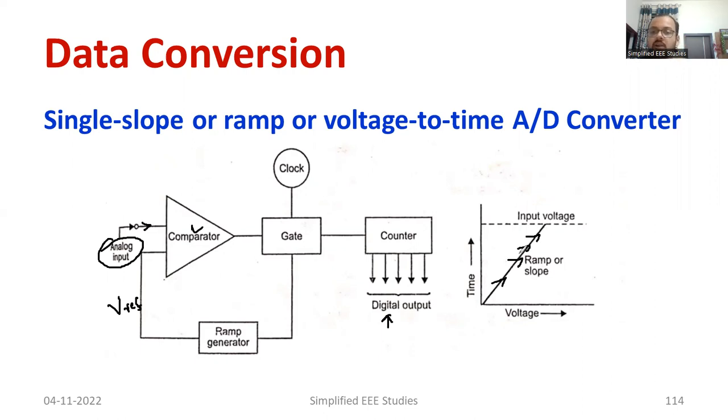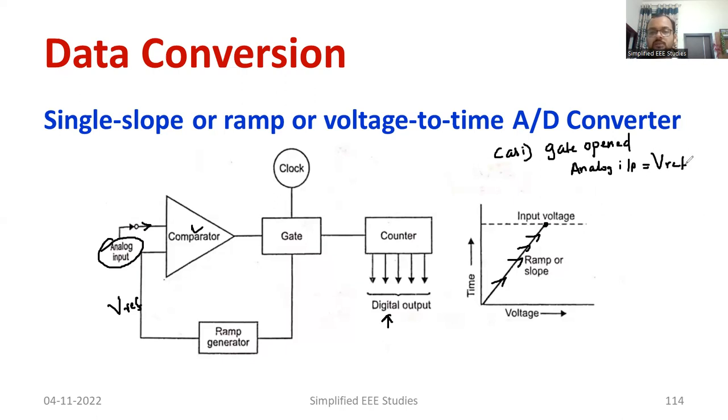Now, I want to add one more point. Whenever the reference voltage is equal to the analog input, at this point the ramping will be stopped. Case one: the gate is opened until the analog input is equal to V reference.